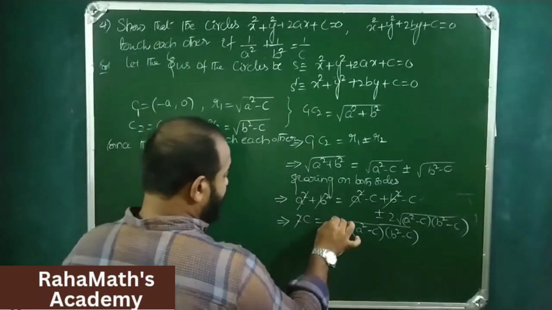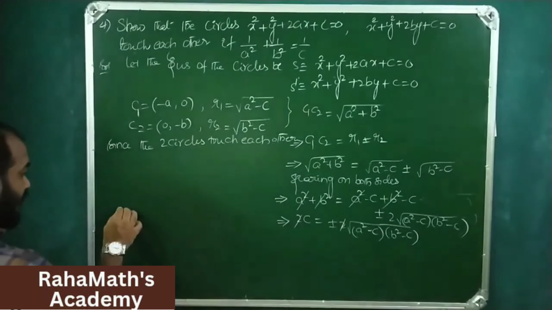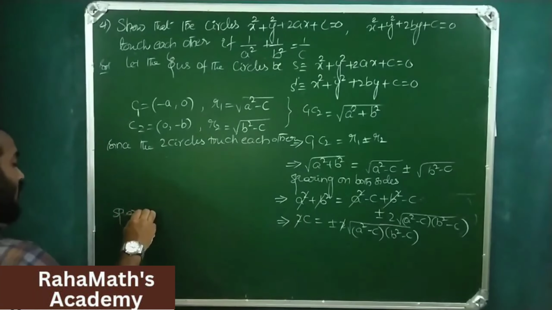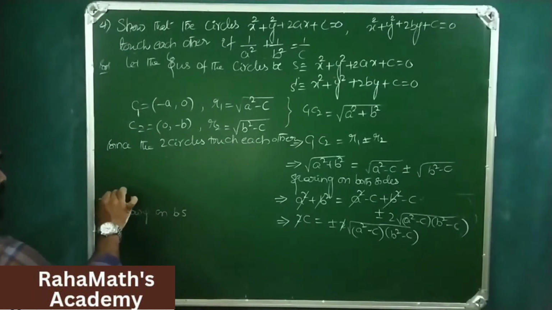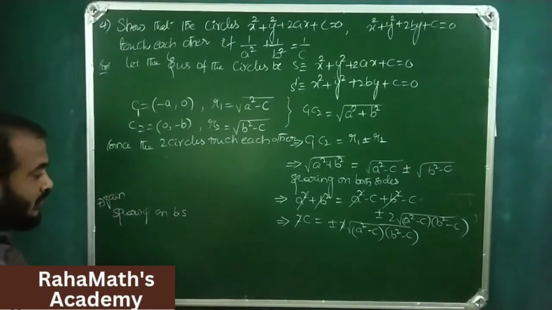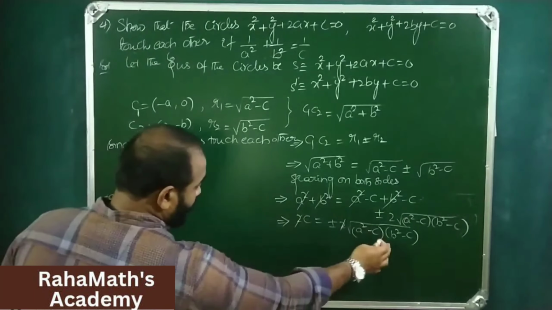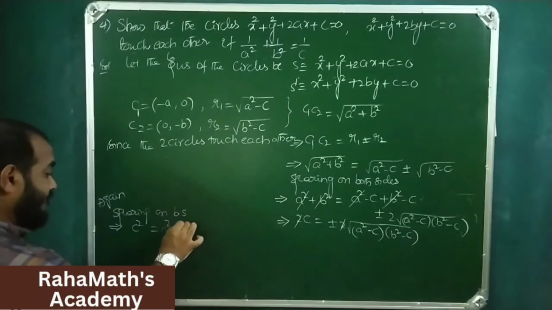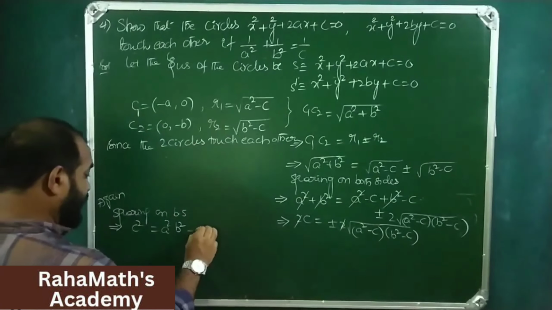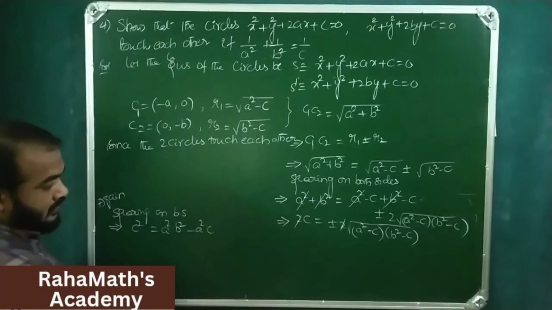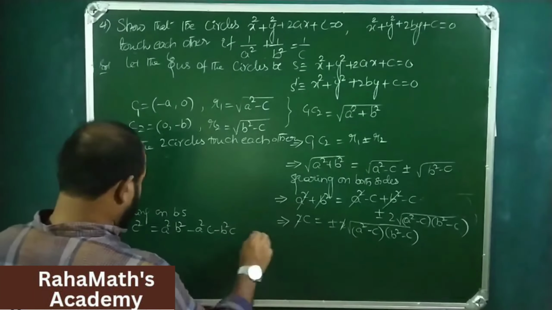So 2 gets cancelled. Again squaring on both sides, we will be getting c square is equals to a square b square minus a square c minus b square c plus c square.